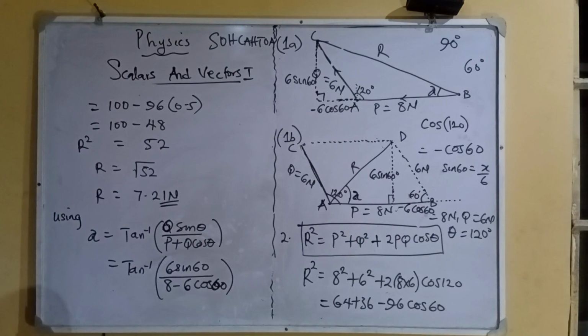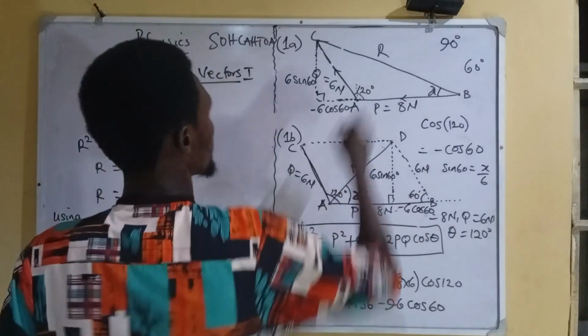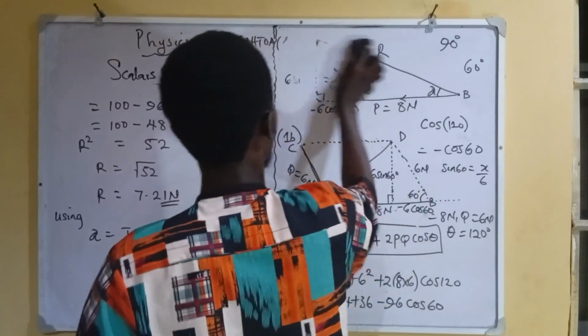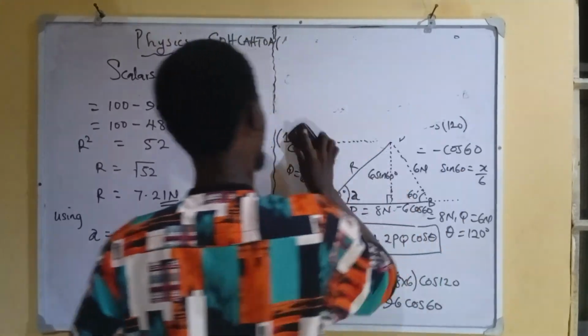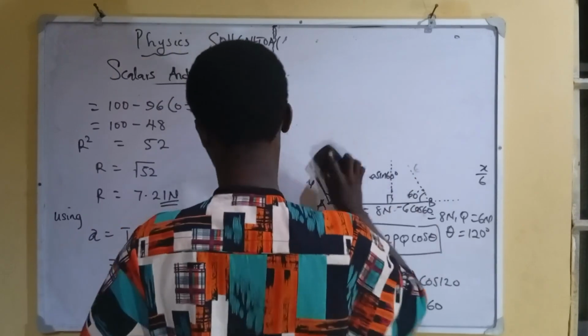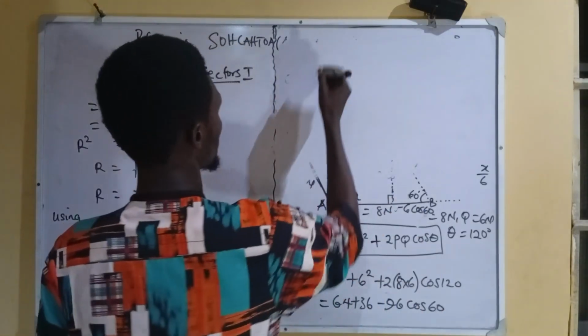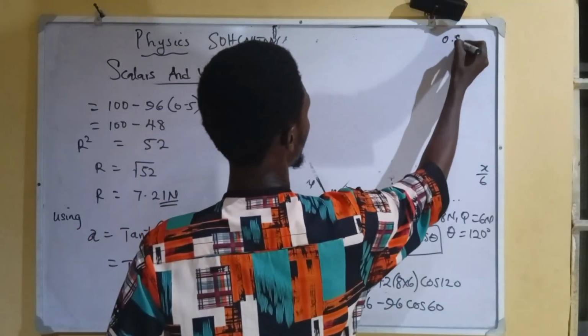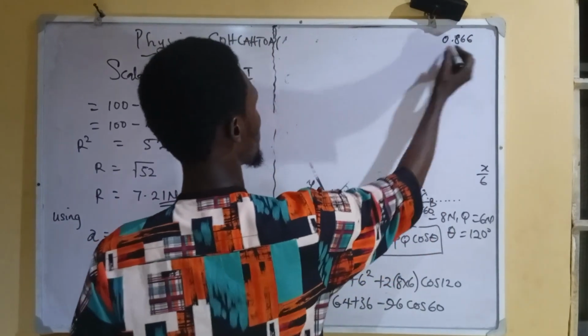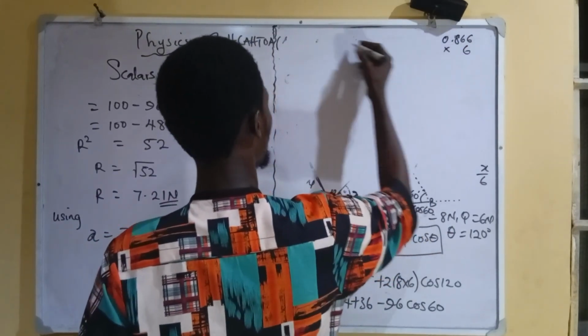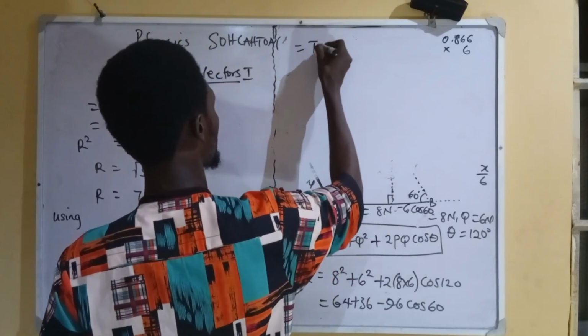All right. So the next we have here sine 60. Sine 60 is approximately 0.866. So that would be times 6. You use your calculator, you don't waste your time.